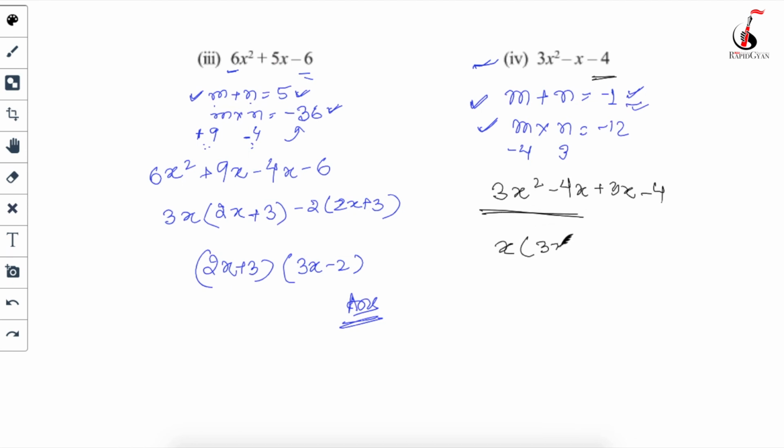You will get 3x minus 4. And from these two terms, when there is nothing to take common, you can always take 1 as common. So 3x minus 4, and now from these whole terms you can take 3x minus 4 as common. So your answer is 3x minus 4 multiplied by x plus 1. That's your answer, guys.